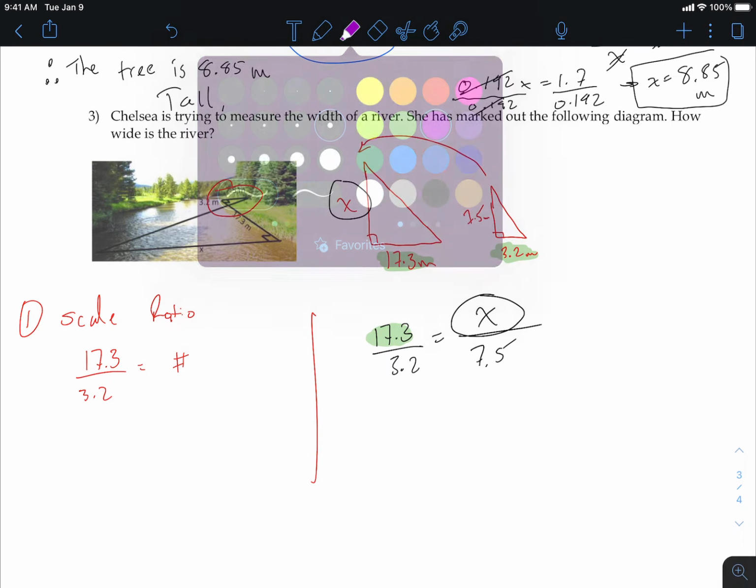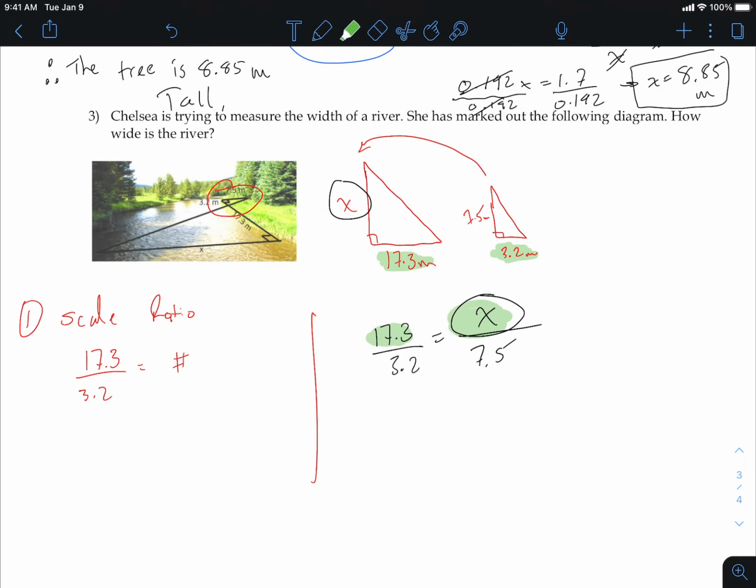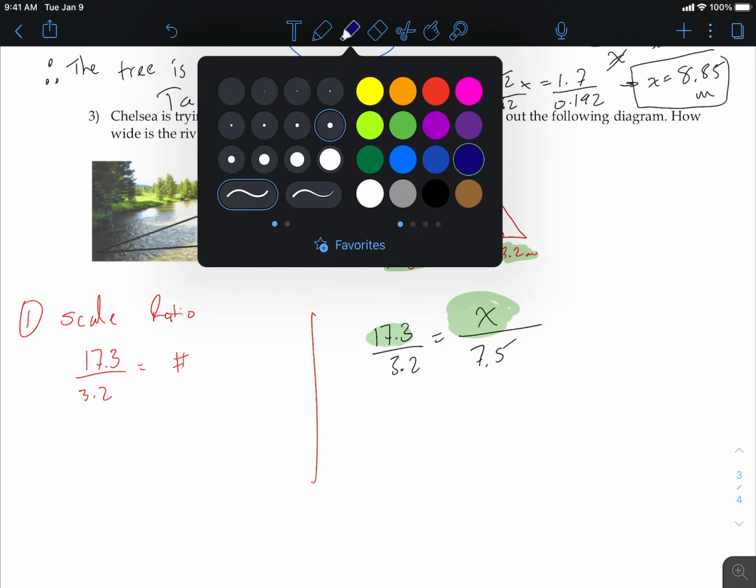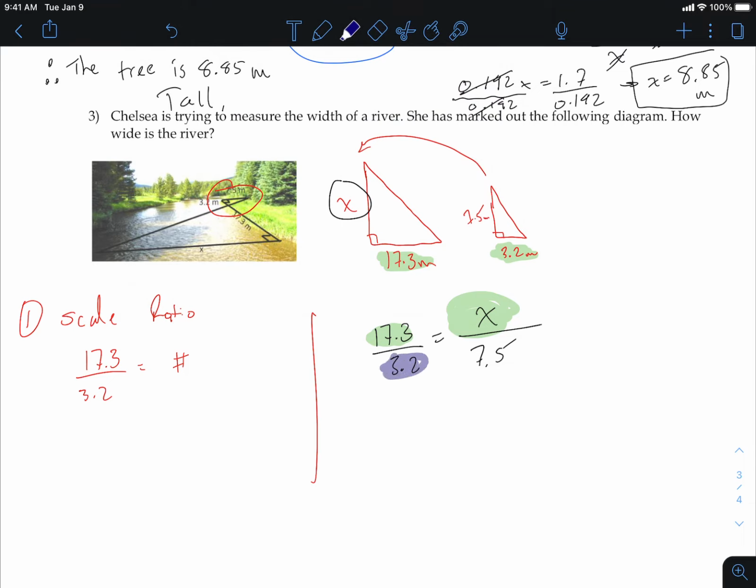Okay, so I try to get 17.3 and X both in the top because they're both on this big triangle, right? And then I try to match up the bottoms, which will be the 3.2 and the 7.5. Okay, they're both on the bottom because they both come from the small triangle.